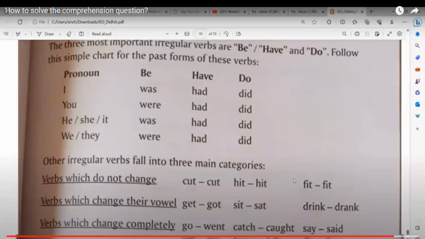Shivam, give me an example with you and were? You were eating. You were eating what? Lunch, dinner, rice, chapati?